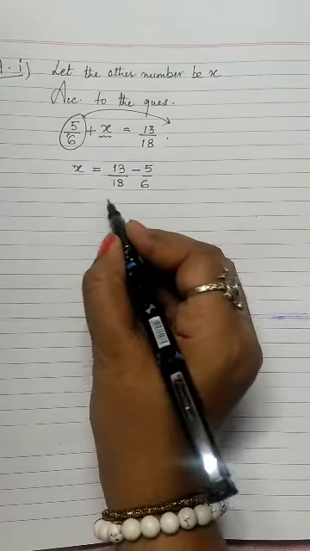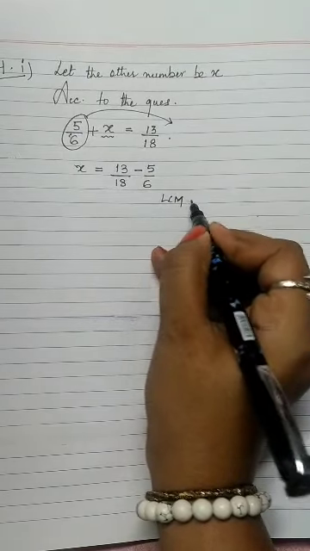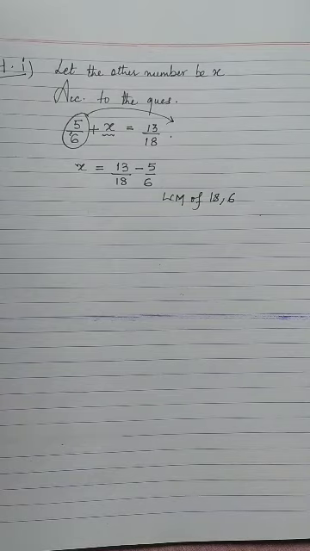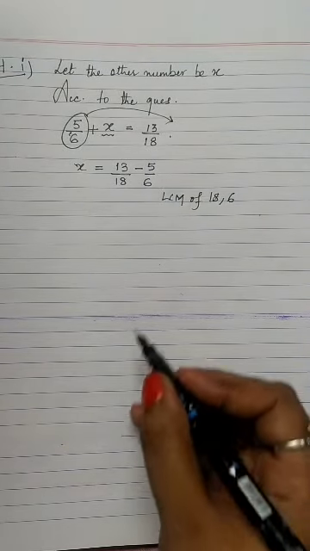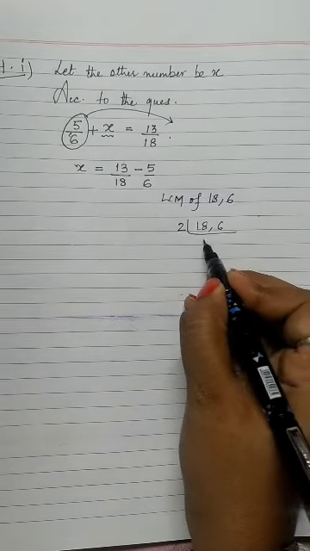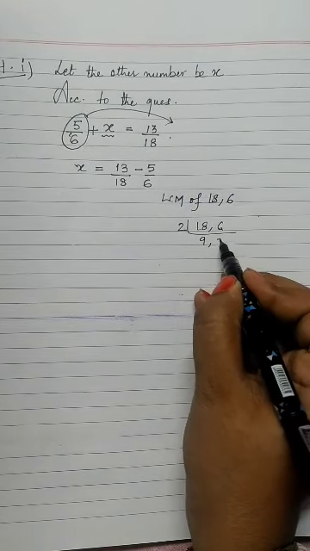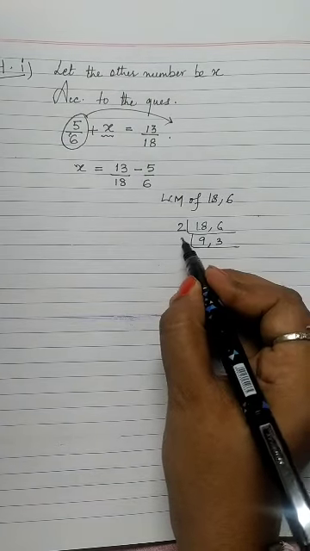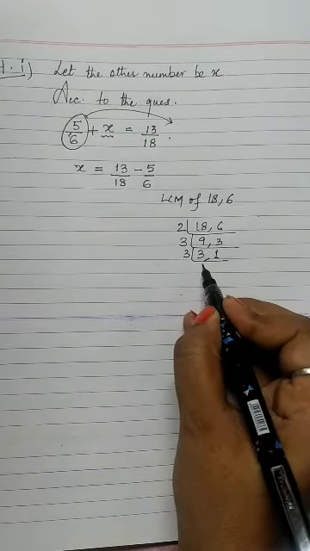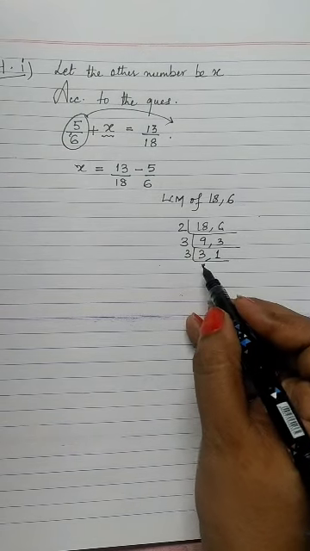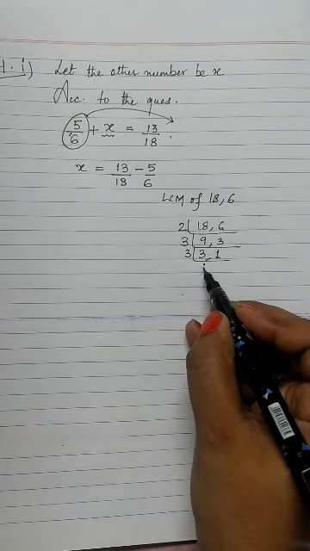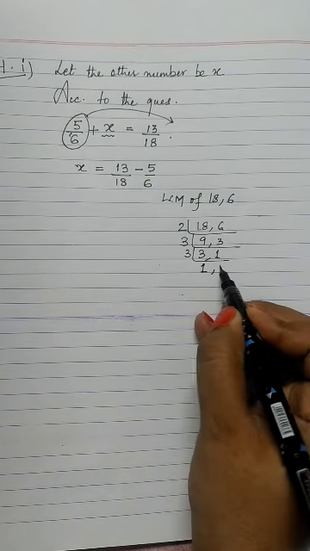What we have to do? We have to take the LCM of 18 and 6. So the LCM of 18 and 6: 2 9s are 18, 2 3s are 6, now 3 3s are, 3 1s are 3, again 3, 1 and 1.